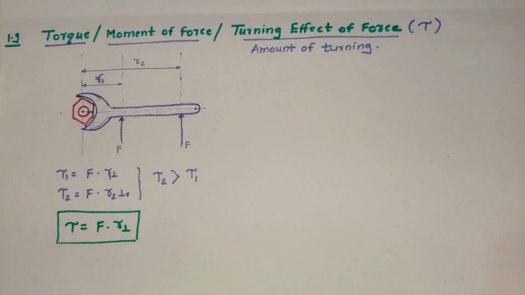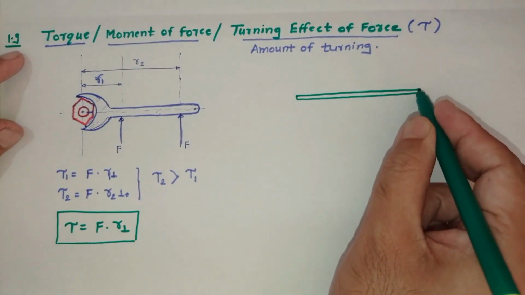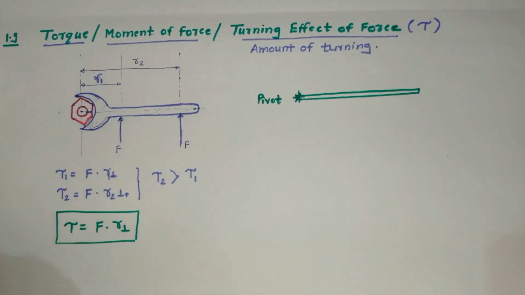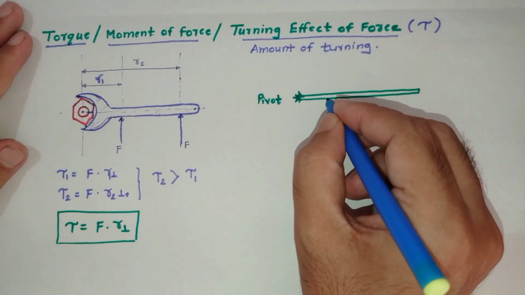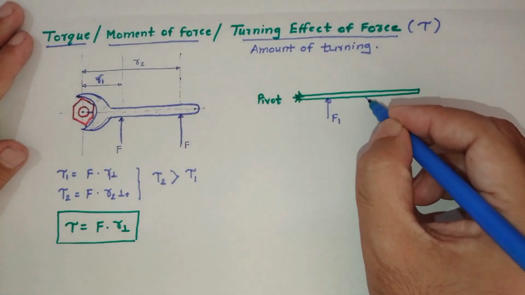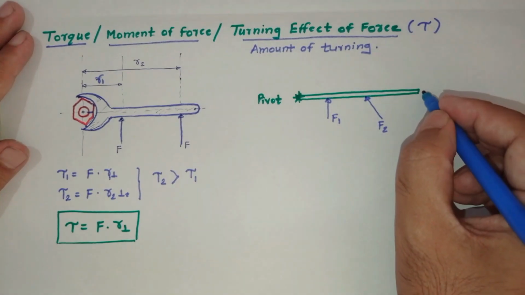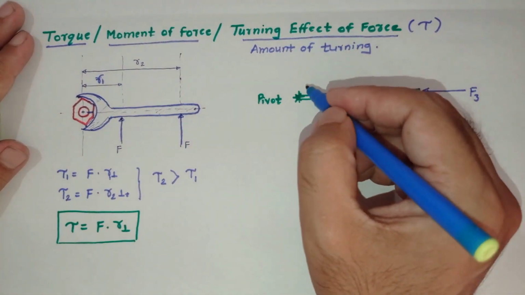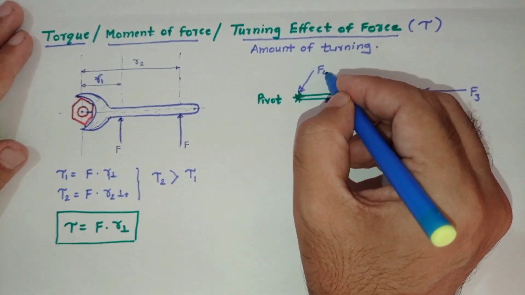So let us take an example. Rod is there and this is a pivoted point, pivoted या fixed point है ये, and force is applied like this. Suppose this is the force F1, then this force is F2, this is the force F3, this is the force F4.